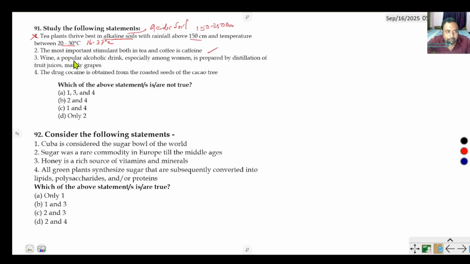Wine, a popular alcoholic drink, especially among women, is prepared by fermentation, not distillation.